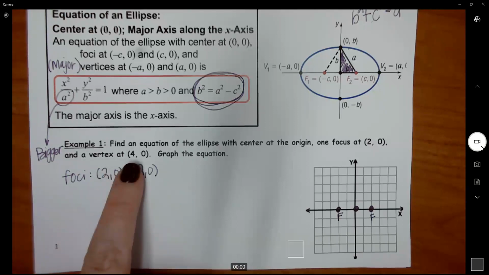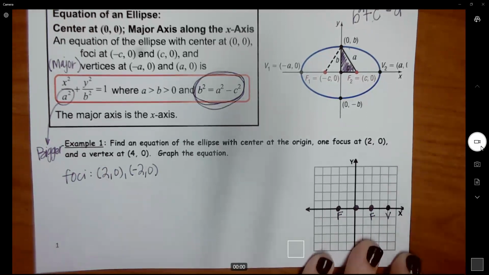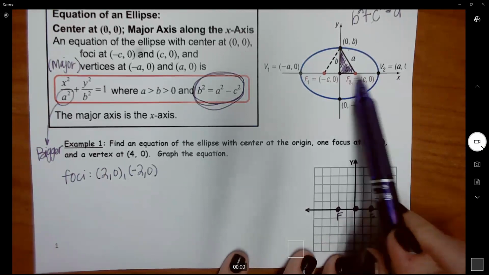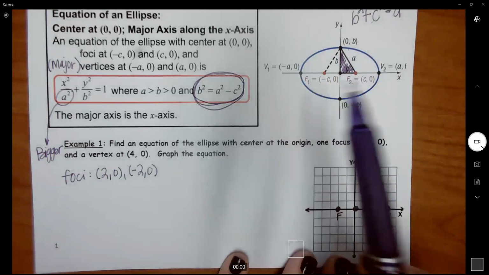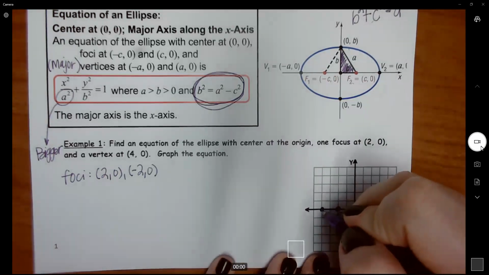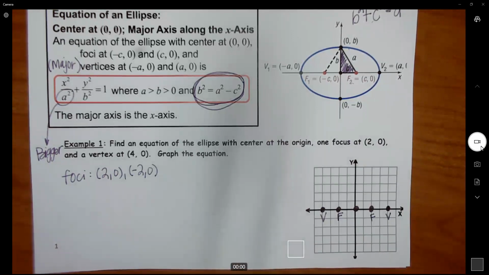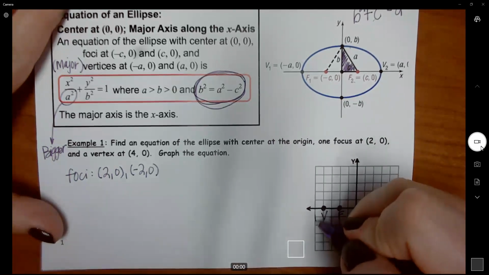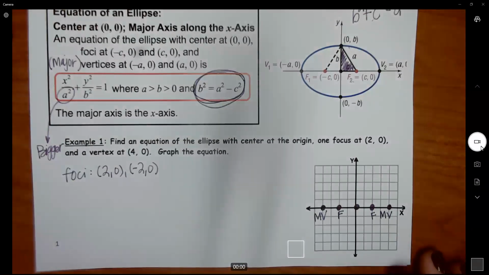Okay, I have one vertex at 4, 0, which is right here. And same thing. This vertex is an equal distance from the center as your other vertex. So if this is 4 units away, I can go 4 units in the opposite direction. And this is my other vertex. Okay, and I'll even put a capital M for major vertices.